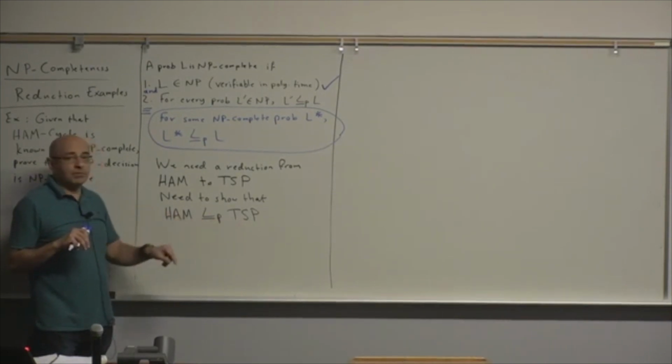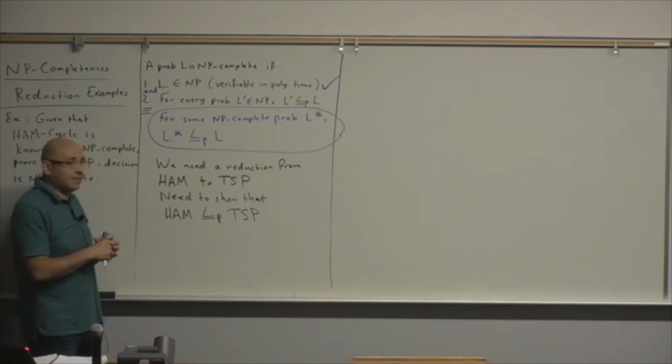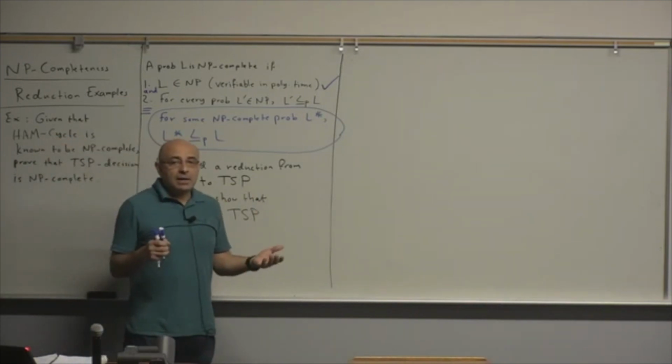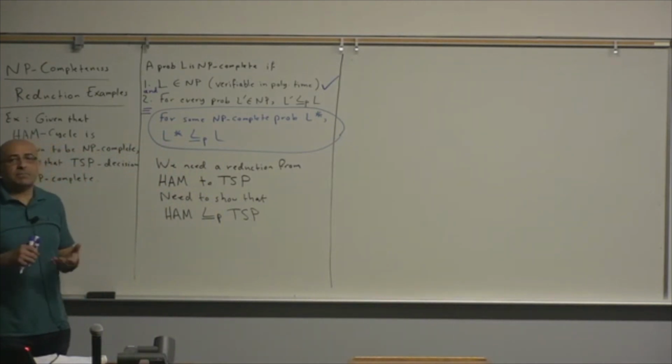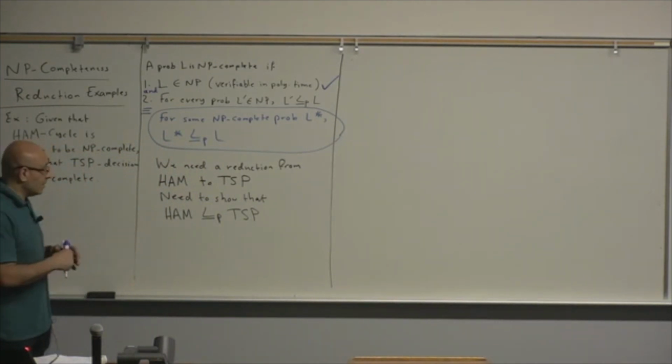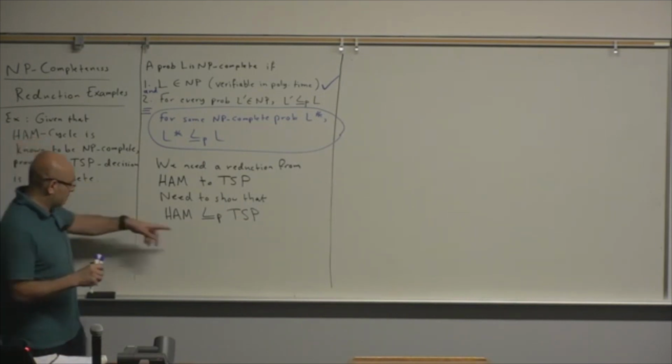So that's how I will prove it. If I do the opposite, I will not be proving anything. If you prove that the given problem is easier than a problem that is known to be NP-complete, that doesn't prove anything. I'm trying to prove hardness, not easiness.